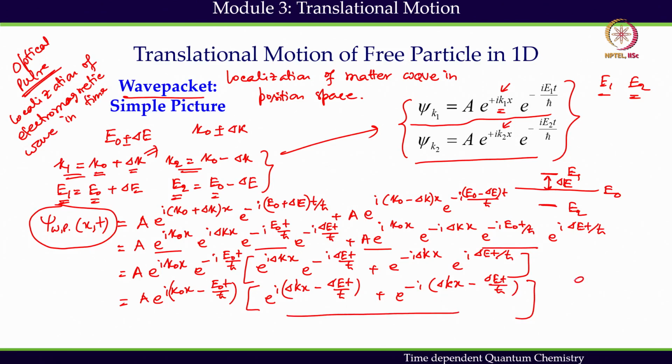This is nothing but e to the power i theta plus e to the power minus i theta, which is given by 2 cos theta.